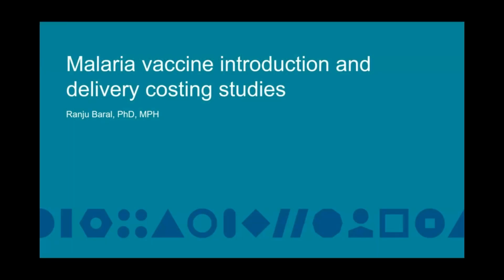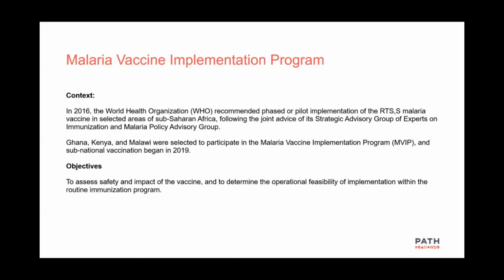Thanks. Thank you, Mercy. So just for the context around the malaria vaccine implementation program, in 2016, the World Health Organization, WHO, recommended pilot implementation of the RTS,S malaria vaccine in selected areas of sub-Saharan Africa.